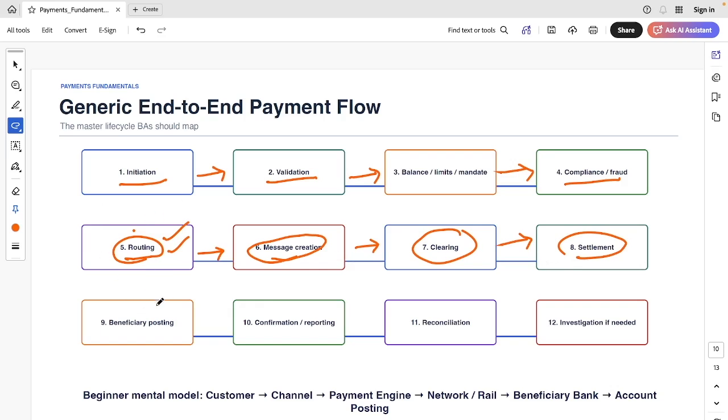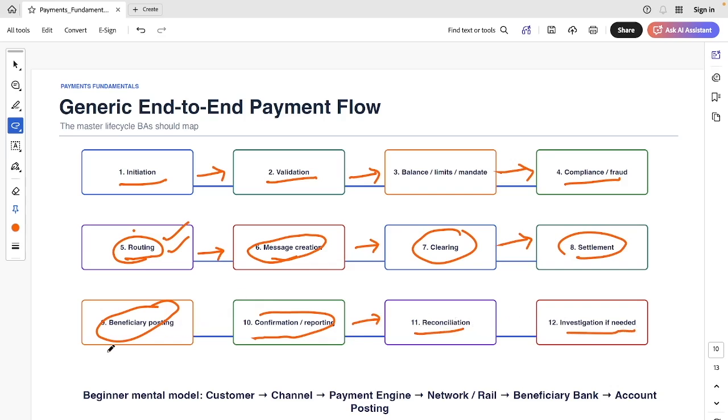After settlement, the beneficiary bank posts the money to the customer and sends the status or notification to the customer. But the journey does not always end here, because once this notification or posting is completed, there are other stages as well, like reporting, reconciliation, exception handling, investigations, etc.